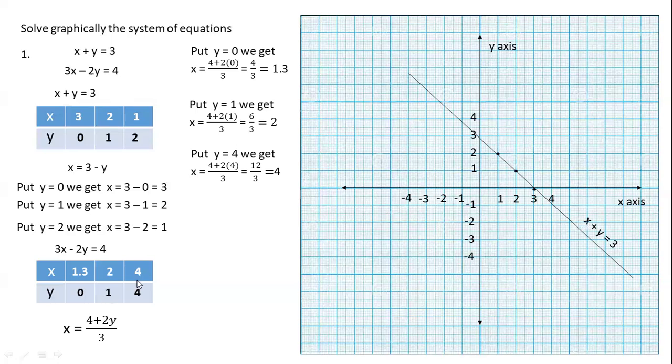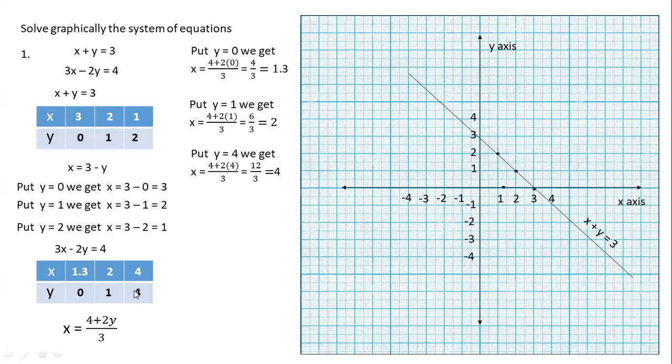Now let us take the second graph. So y is 0, x is 4/3. Y is 0 means along the x-axis, so 1, 2, 3.2. So it should be here. X is 2, y is 1. This is the point here.